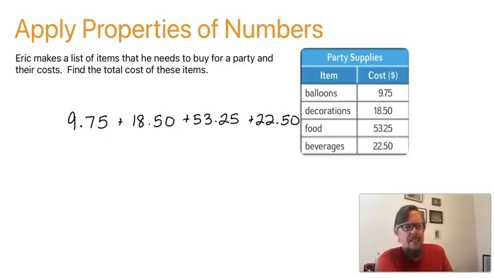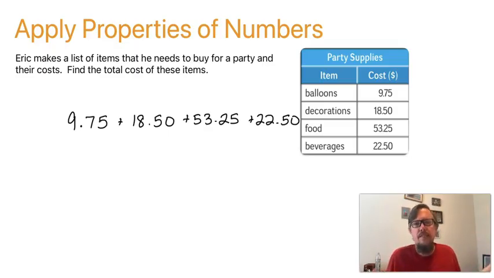But adding the numbers in this order is needlessly challenging. Adding $9.75 to $18.50 is much harder to do than $9.75 plus $53.25. And the reason for that is adding 75 cents to 25 cents makes a whole dollar.